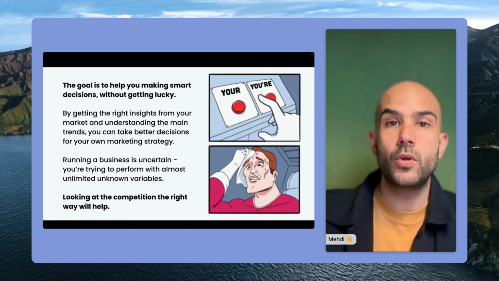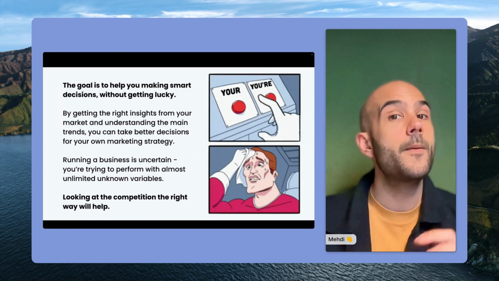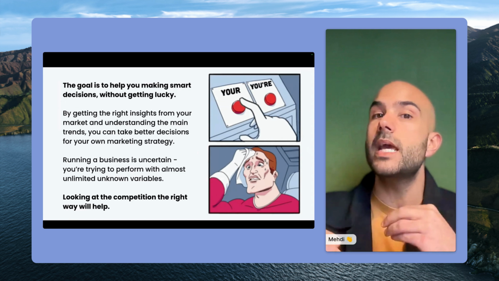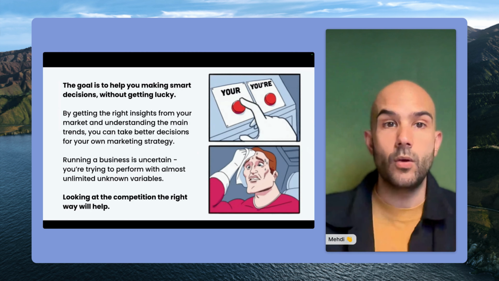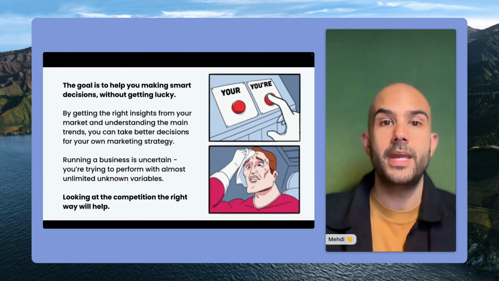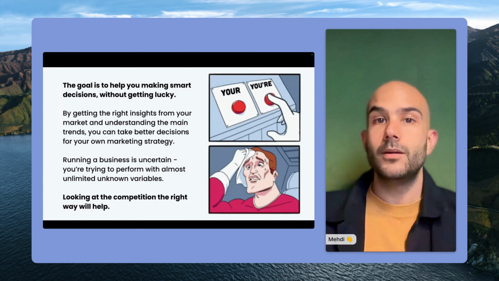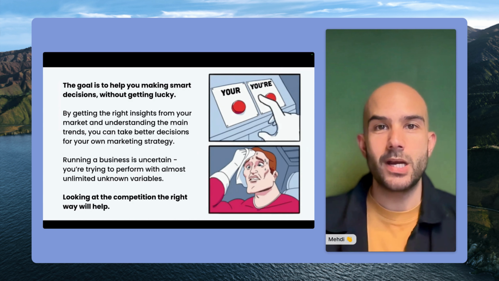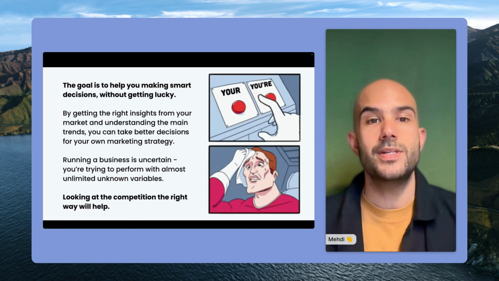That's our own goal today, whether we're organizing sessions on emails or ads, landing pages, any kind of marketing assets that we're covering. Our only goal is to make sure that we can help you make smart decisions without getting lucky. We're all marketers. We all know that it's hard to make decisions. Sometimes we do stuff and we're not really 100% sure it's going to be perfect.